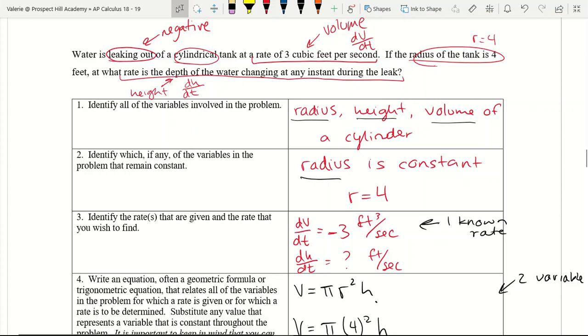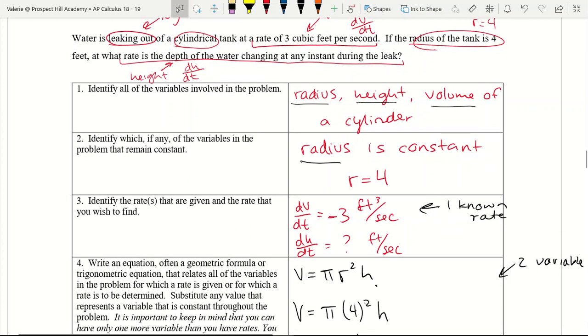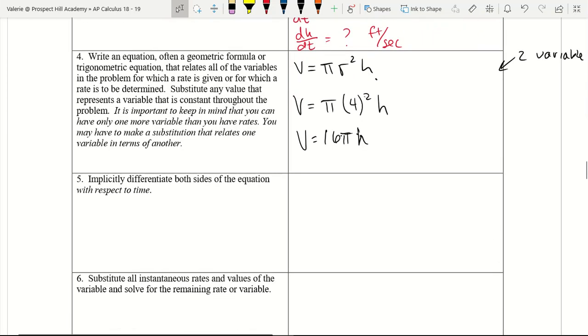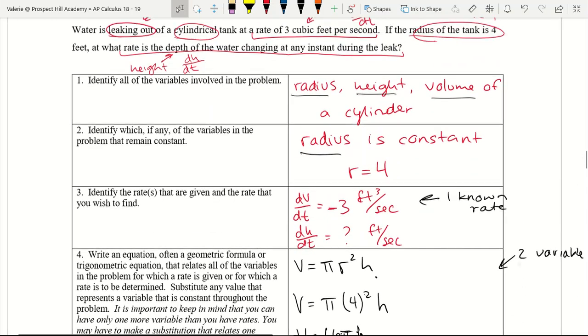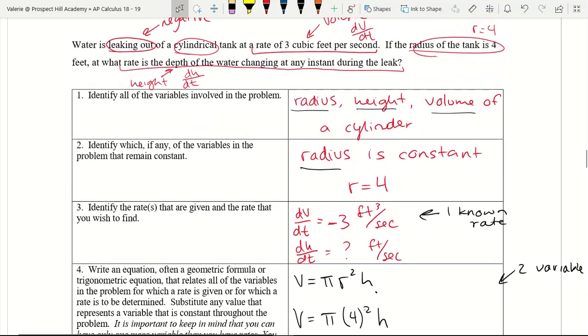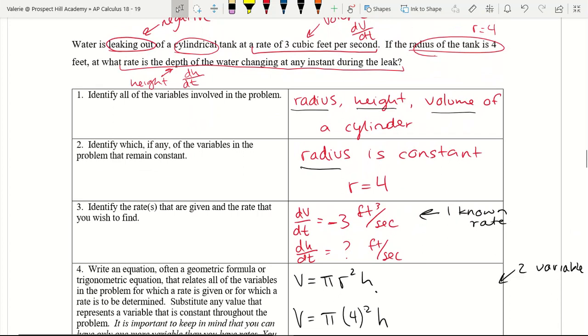Oops, I lied. Oh, we don't have an instantaneous rate in this problem. My bad. But we do have the dV dt, so we'll plug that in and solve for dH dt, since that's what we're looking for.